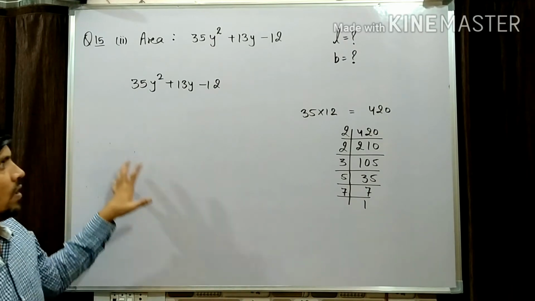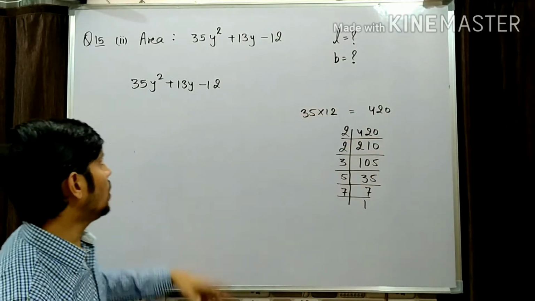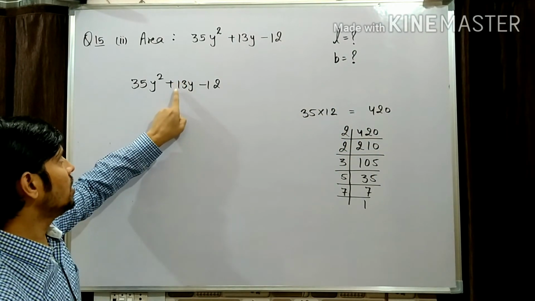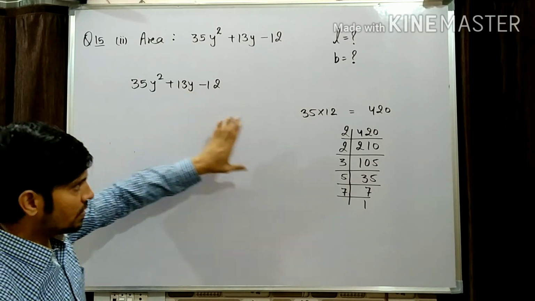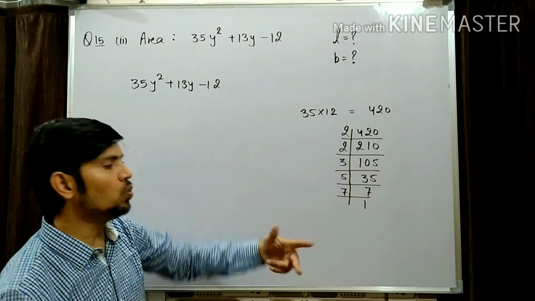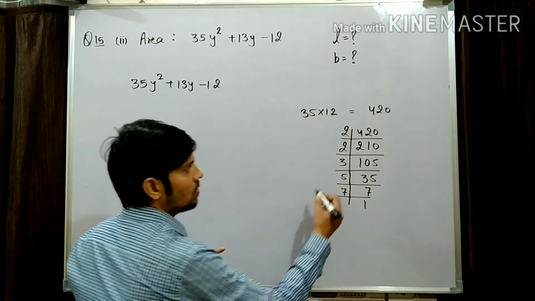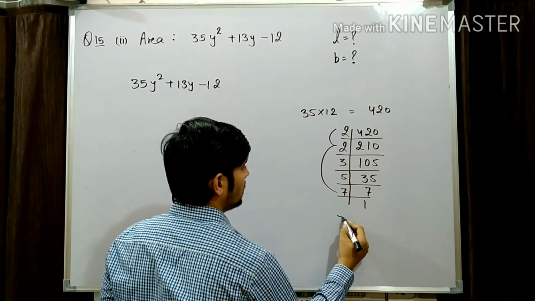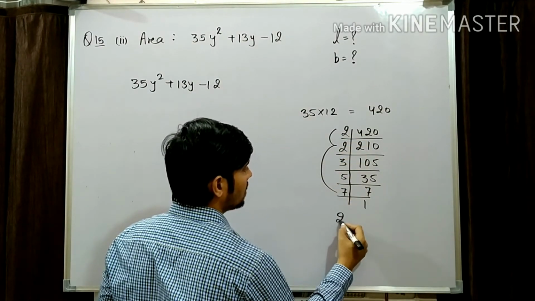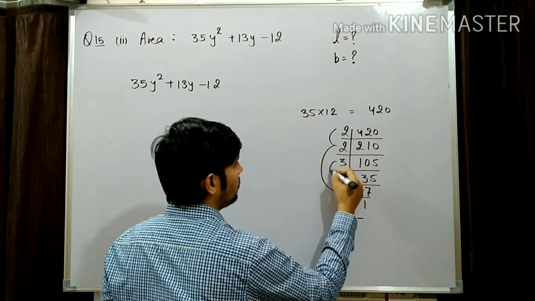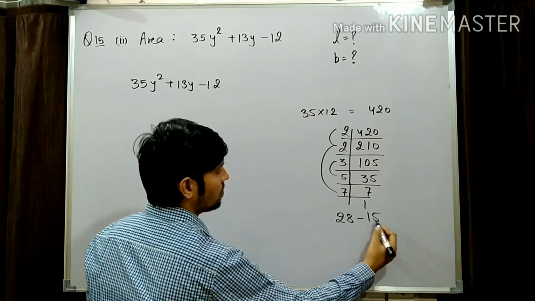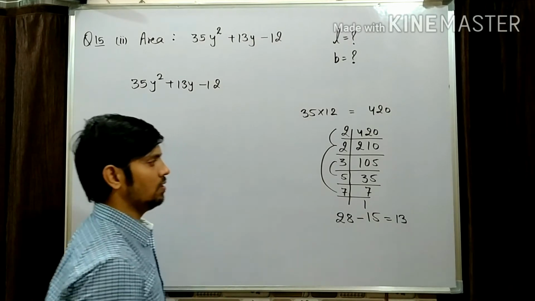These are the factors of 420. Now we need 13y, which means splitting this into two terms. So how can we split it? This is 7 into 4 and 5 into 3. 28 minus 15. If we subtract it, we will get 13y.